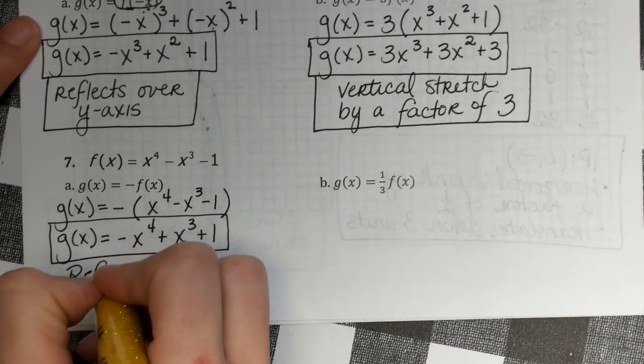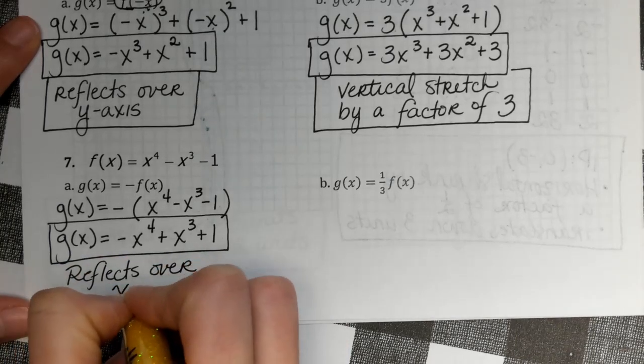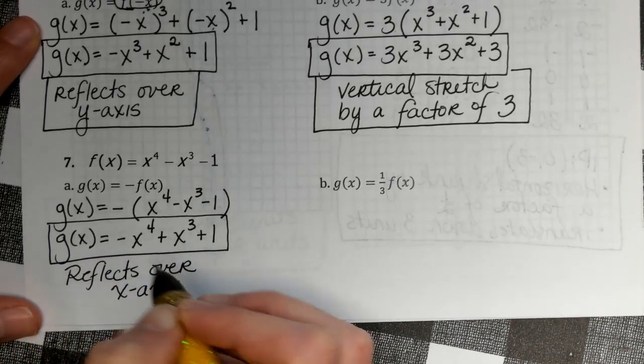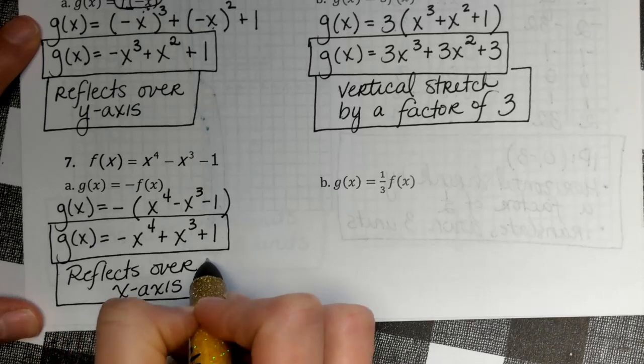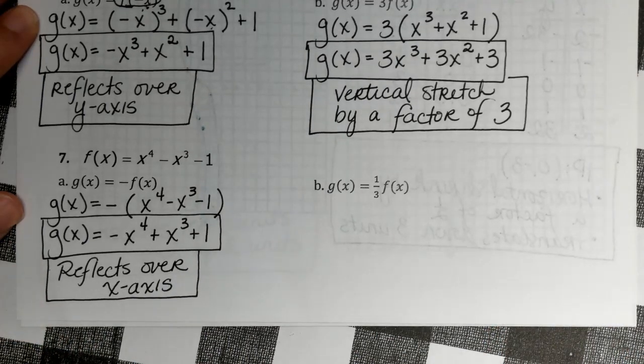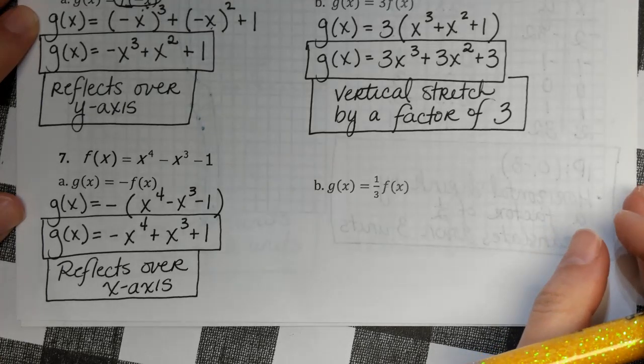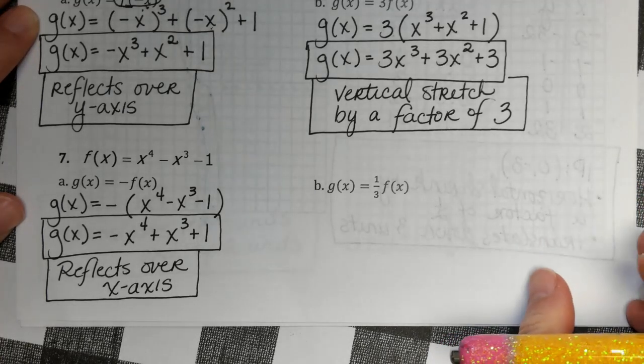It reflects over the x-axis this time. So would y'all know what to do with 1/3 f of x? Yes, we can skip that too.